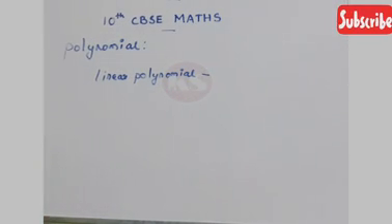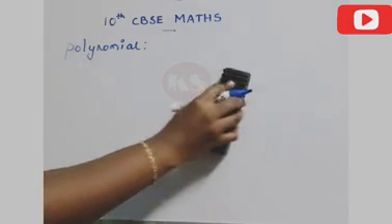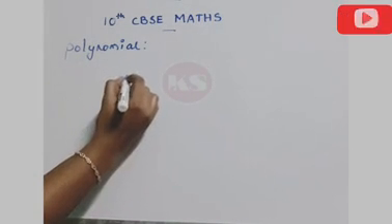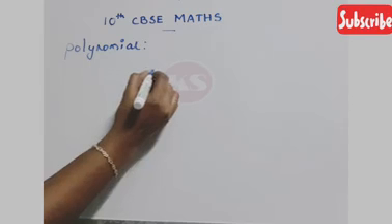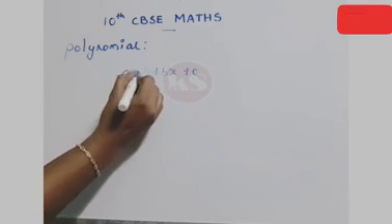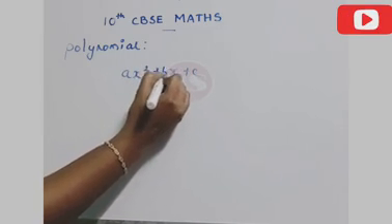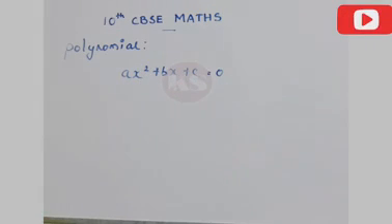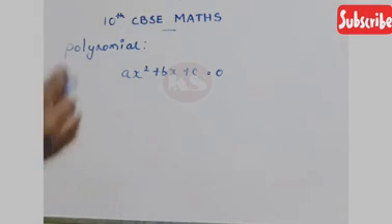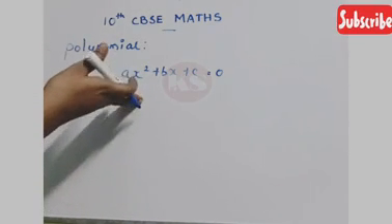First, what is a polynomial? You know that ax squared plus bx plus c equal to 0. This is the polynomial equation. Actually this is the quadratic polynomial, just for example.